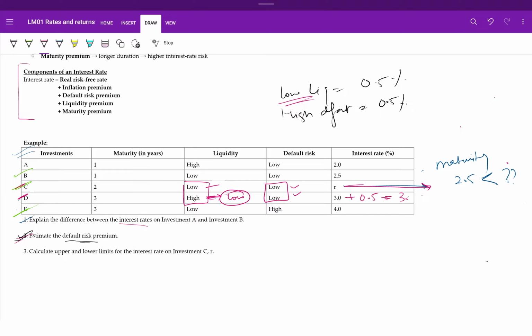So the value of R, the interest rate that we are trying to find, should be in between 3.5 to 2.5%. We're not sure about what it should be, but this is the range, the upper and lower limit for the interest rate for investment C and the rate R.